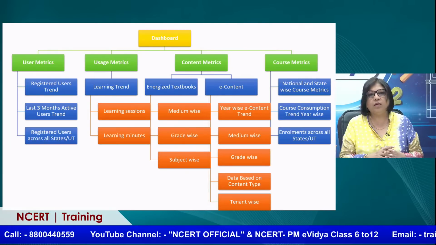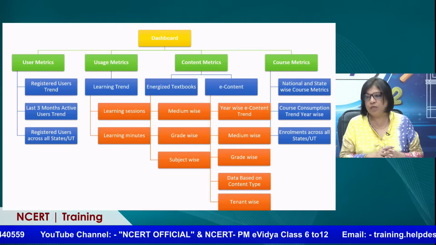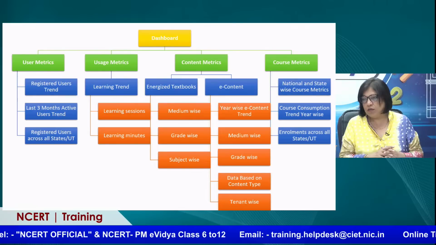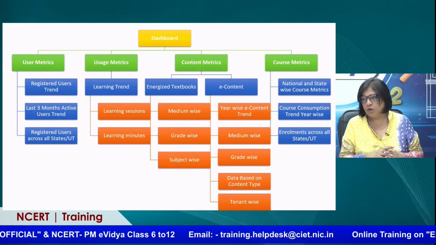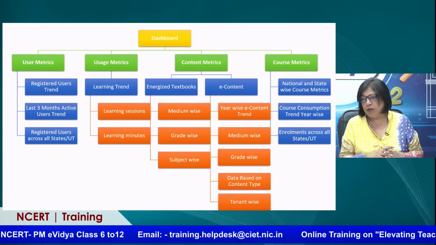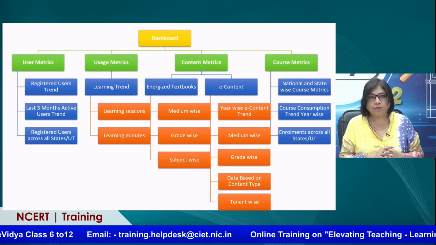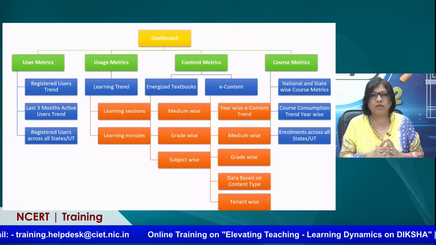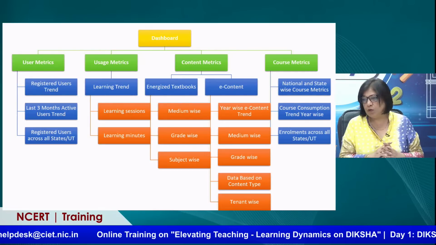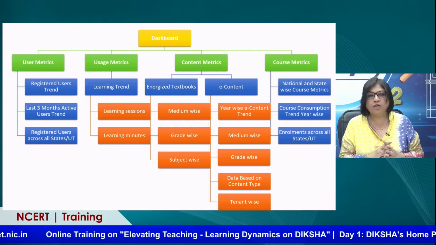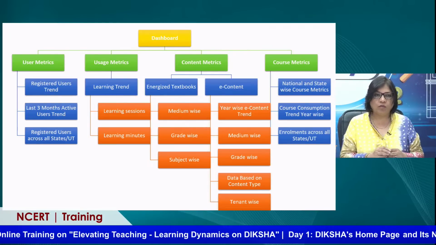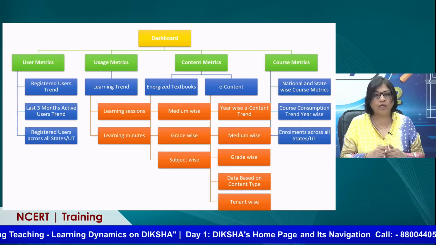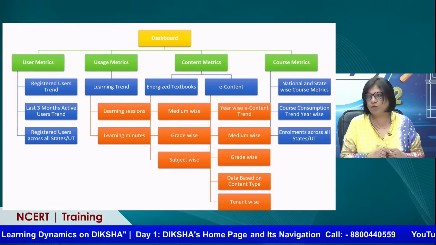We can also see medium wise, in which medium how many contents have been uploaded, grade wise content upload status, and also data based on content types, what types of content, how many video, audio, interactive, gamified contents have been uploaded, and also tenant wise. I just spoke about different tenants on DIKSHA. So which tenants uploaded how many energized textbooks and other forms of content.